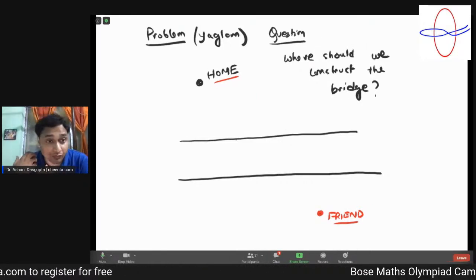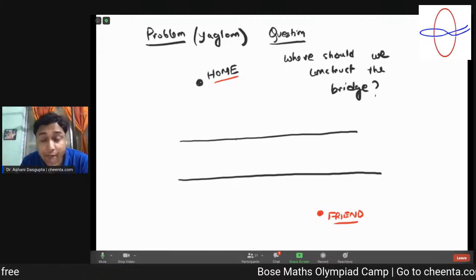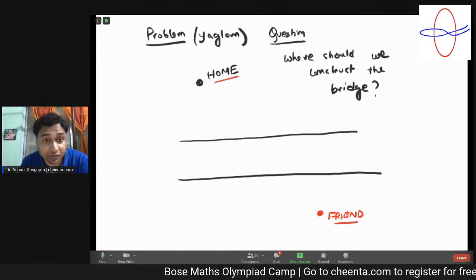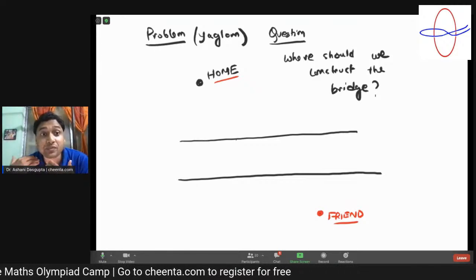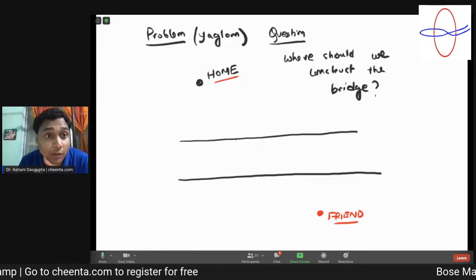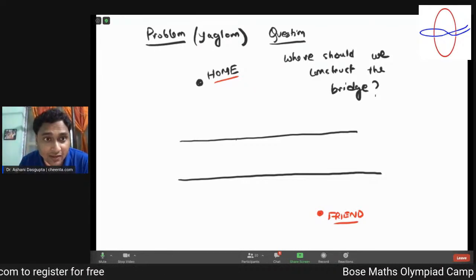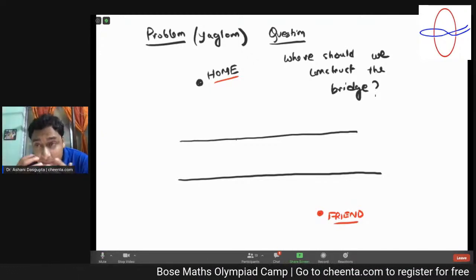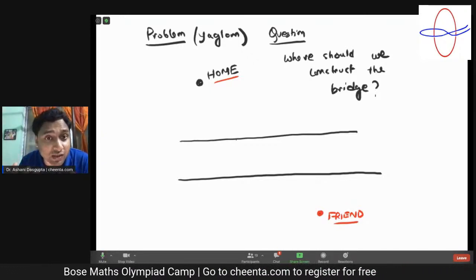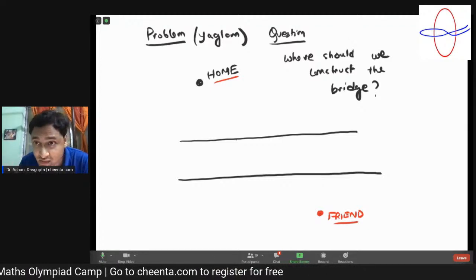This is the Bose Maths Olympiad training camp, the first intermediate training camp for class 5, 6, 7, and 8. This is a session on transformation geometry for Maths Olympiad, and we are learning a very simple type of geometric transformation called translation.